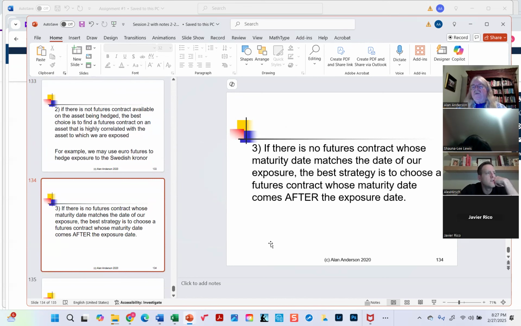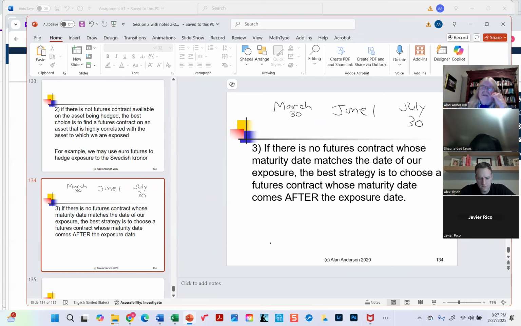Now, here's another issue too. What about the maturity date? What if your exposure takes place on June 1st and the only available contracts expire on March 30 or July 30? What do you do now?